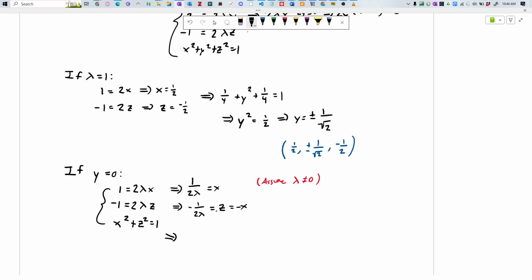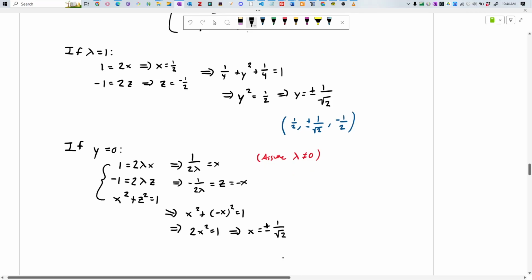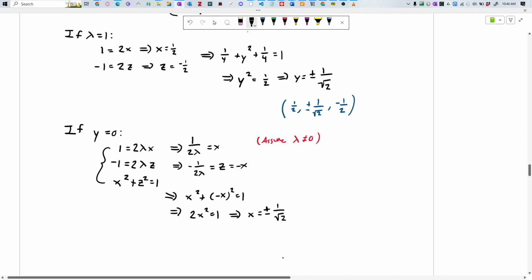let's replace out the z. So we get x squared plus negative x squared equals 1, which is just saying that 2x squared is equal to 1, which means that x is equal to, well, divide by 2 and take the square root, plus or minus 1 over root 2. Okay, and so this will end up giving us 2 points, right?